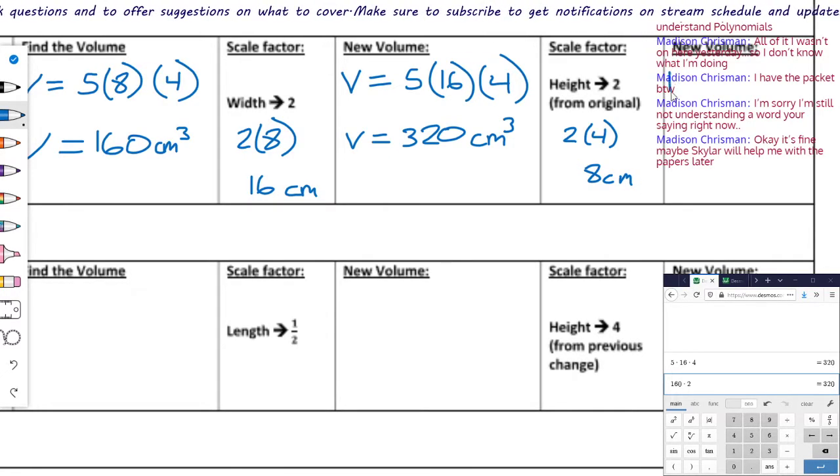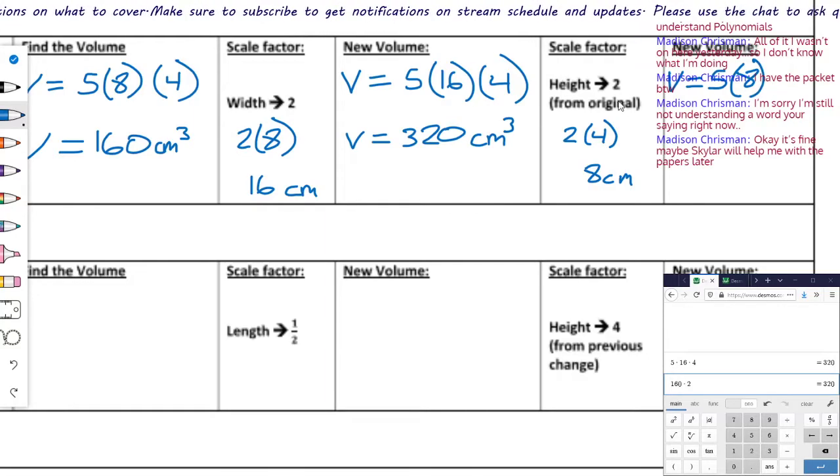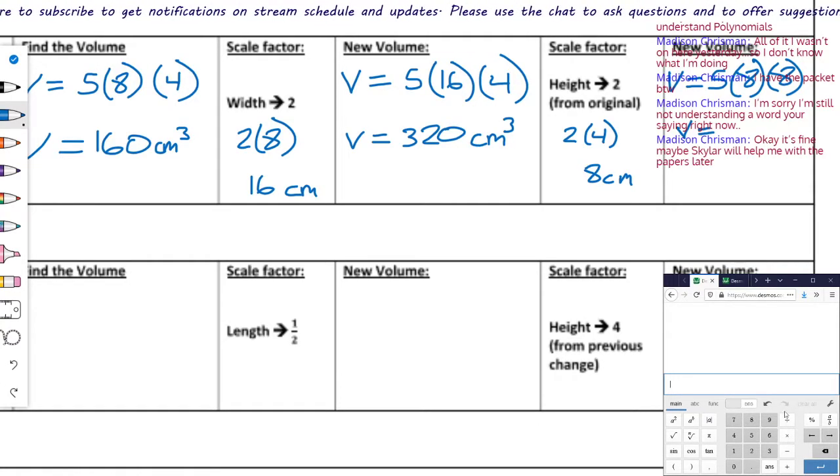So if we were to plug it back into our original, we keep our length the same as 5. We keep our width back at the original of 8. And our new height is 8. So if I multiply those all together, we should get a volume of 320. Let's see if we do. So we have 5 times 8 times 8.